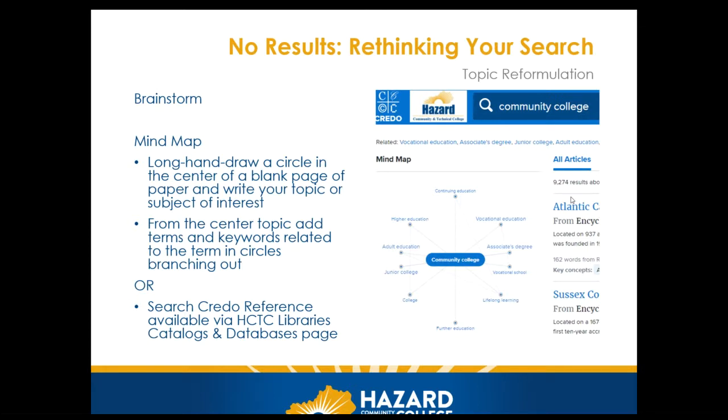There's also the option of using the mind maps in our Credo Reference database. This is our encyclopedia database, and essentially it is exactly like the encyclopedias that you probably used at some point in your academic career. So it's going to give you factual information about subjects.